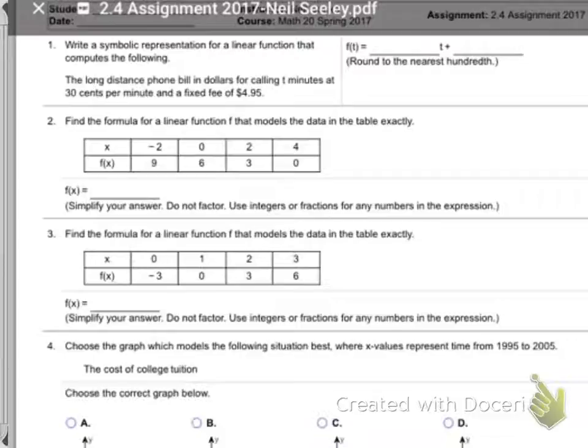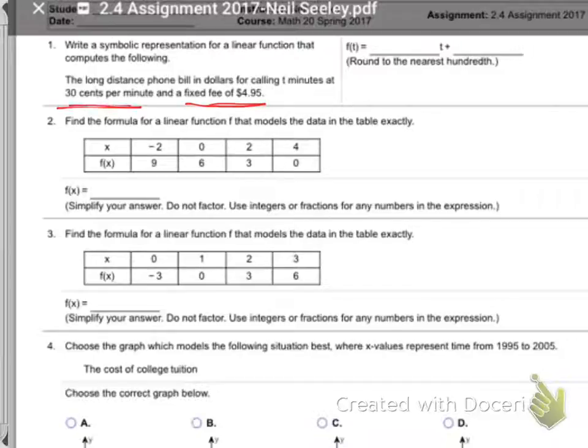So when I look at number one here, very similar to your homework, it says symbolic representation for a linear function that computes. So if I've got this long distance phone call going, it's 30 cents per minute. If you see something like a per minute or per unit type of measure, it's usually the slope, and any fixed or initial amount is going to be your y-intercept.